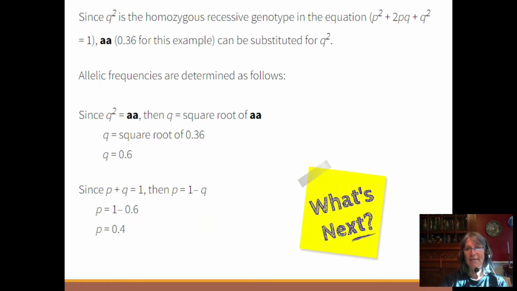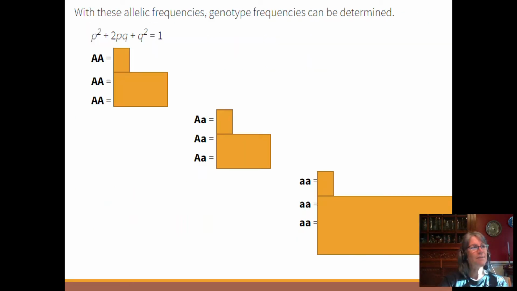So now I can plug these back into my genotype frequency calculations and figure out the rest of my population. What portion are homozygote dominant and which are heterozygote? So my homozygote dominant genotype is represented by P squared, and I plug that in and I see that 0.16 or 16% of my population are homozygote dominant.